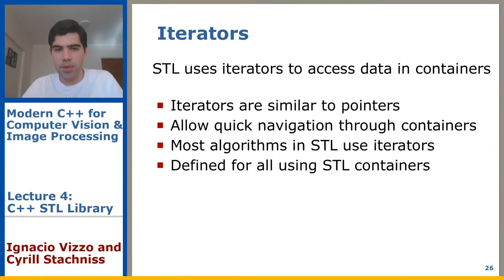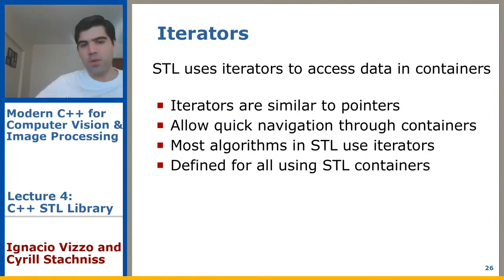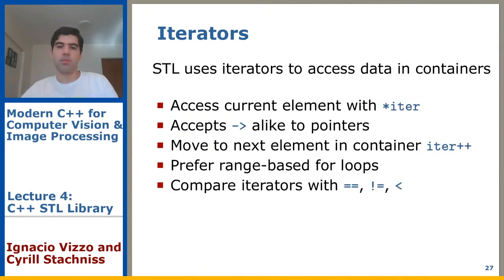The STL library uses iterators to access data in containers. Iterators are similar to pointers; we will discuss this soon. This allows you to quickly navigate through your containers, and most algorithms in STL use iterators instead of the data itself. Most of the iterators are defined for all containers in STL. Once you have the iterator for any container, you can access the element that you're pointing to with the star operator.